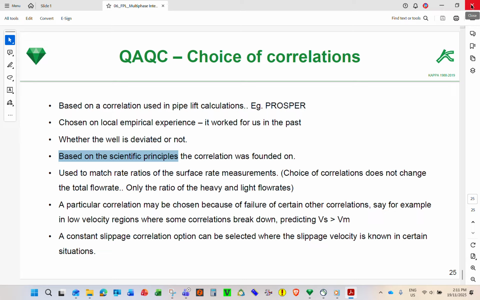When I was in Total, I did a lot of Emerald because we had some projects with a lot of PLT backlog. I don't remember exactly, but there were several wells, and I used almost the same slope for all of them. For one well, the reading was very different from the surface. I didn't want to change because I know my slope and the tool is the same. So I gave it to them, and a month or 2 later they found out that the calibration of the venturi was not good. They had changed to a different venturi but hadn't calibrated it, so it was not accurate.